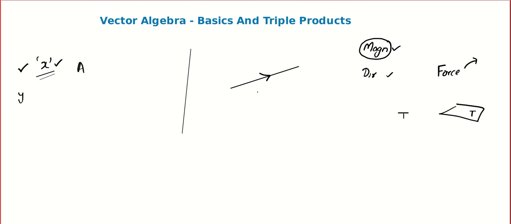In mathematics, what we do is we generalize this by imagining a vector quantity to have both magnitude and direction and denoting it by a directed line segment.